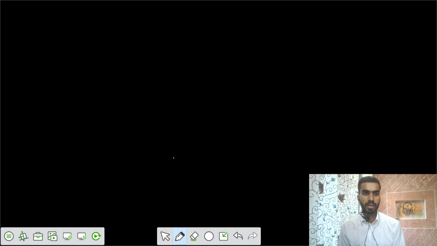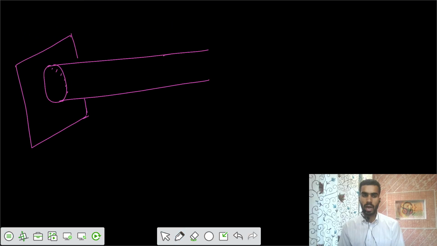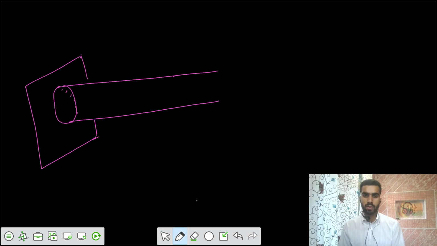So we have the shaft attached to some fixed side, a support, a wall or anything. Then we have this section, and at the center we have attached a plate or a bracket in the z direction.